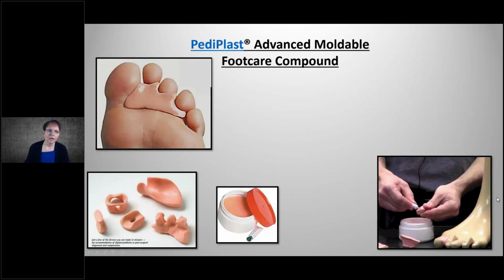All right. PediPlast has also been around for a long time. I've used it. It's Play-Doh. If you're old enough to know what Play-Doh was, it's great.